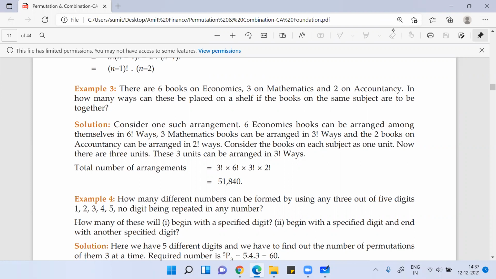That would be 3 factorial. Now X is not just X, it is 6 economics books, which within themselves can interchange their places in 6 factorial. Math books within themselves can interchange in 3 factorial. The 2 accountancy books within themselves can interchange in 2 factorial. Total number of ways would be 3 factorial into 6 factorial into 3 factorial into 2 factorial.